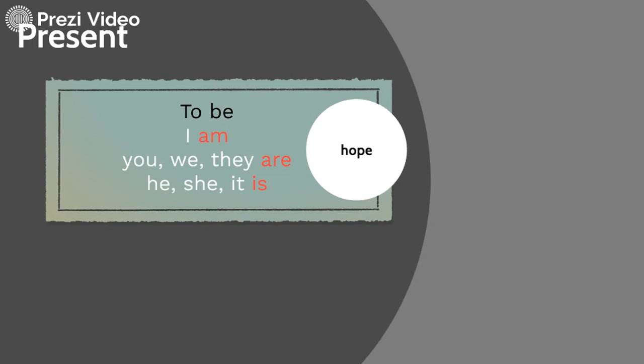So instead of he, we could say Robert. Instead of it, we could say the dog or the pen or the governor's wife's purse. I don't know. It could be anything, but that still remains the subject and it's third person singular, so the form of be turns to is.